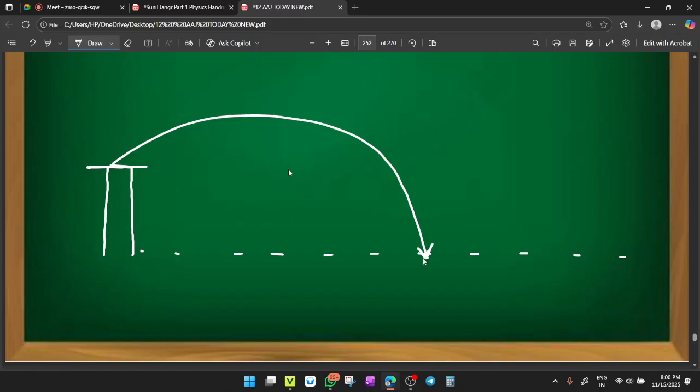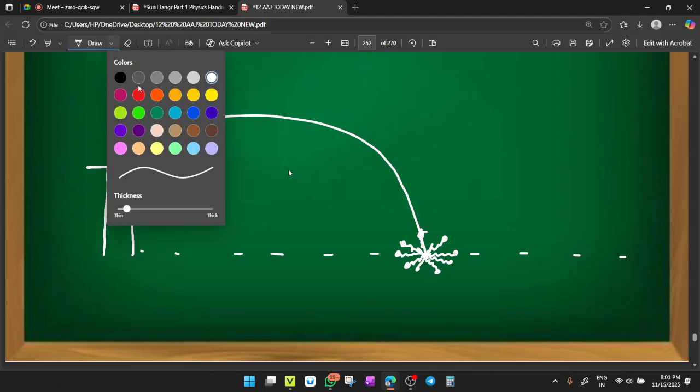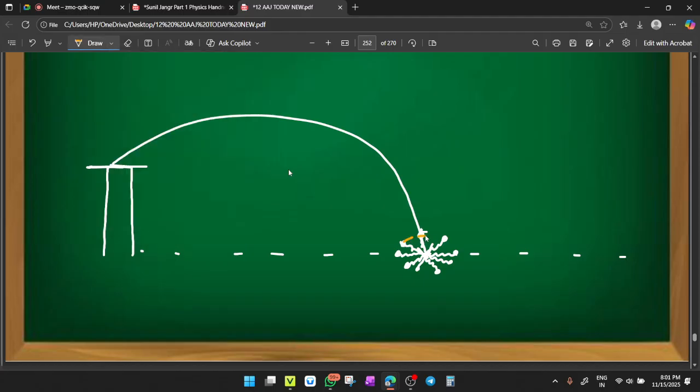Now see, this disturbance will move with equal speed in all possible directions in the water. Means the particles are moving in the same phase, with the same time lag, same distance, and the same pattern. So if you join them, you will have a packet like structure, and this is called your wave.